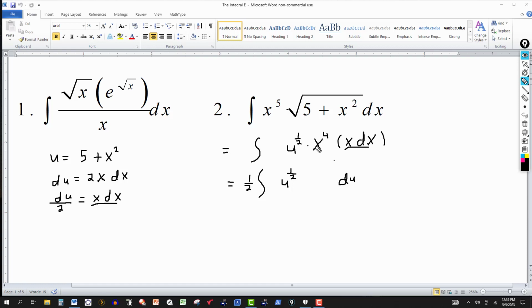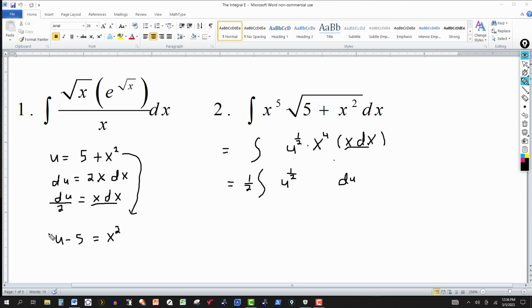Now I need a replacement for x to the 4th. So getting back to this one right here, taking the 5 over, that'll be 8 minus 5 is equal to x squared. I want a substitution in terms of u for x to the 4th.